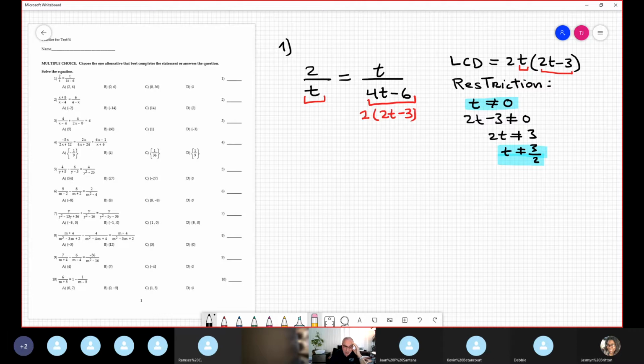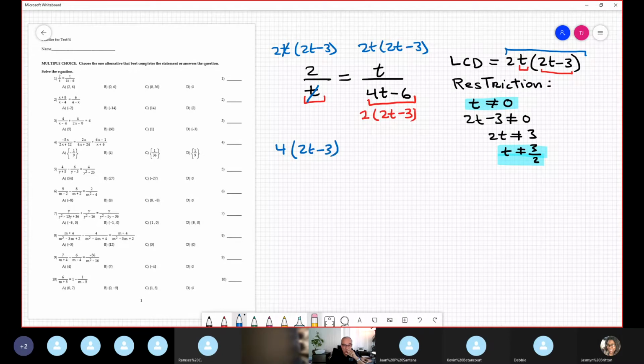Now the most important moment. You multiply the original equation by the LCD, which is 2t(2t minus 3), both sides, of course. When the situation happens, at least this t is cancelled. On the left hand side, we have 2 times 2, which is 4, times 2t minus 3.